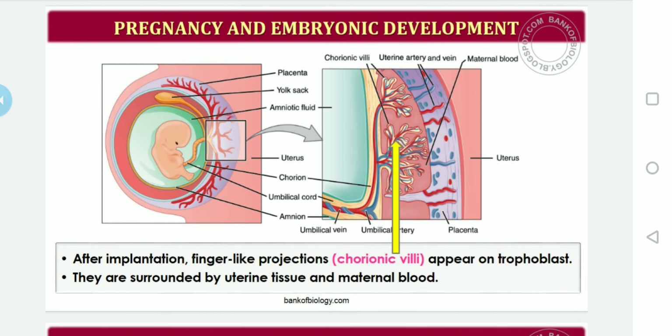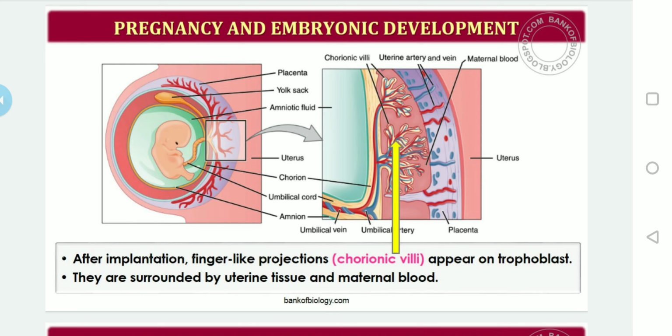What is pregnancy? As we discussed in the last class, after the implantation, finger-like projections appear on the trophoblast called chorionic villi, which are surrounded by the uterine tissue and maternal blood.